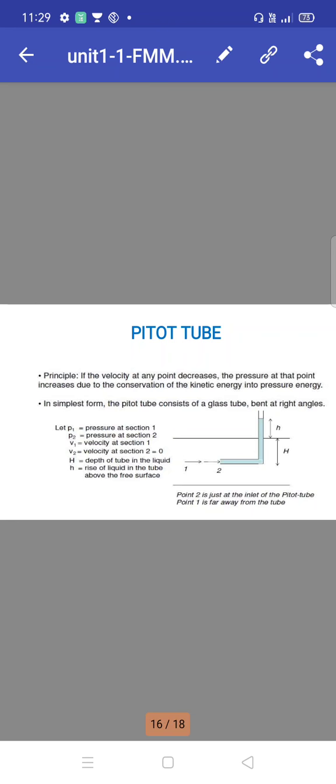Then the depth of the tube in the liquid is capital H, and the rise of the liquid in the tube above the free surface is small h. Point 2 is just at the fitted tube, and point 1 is far away from the tube. The diagram is helpful for understanding this.